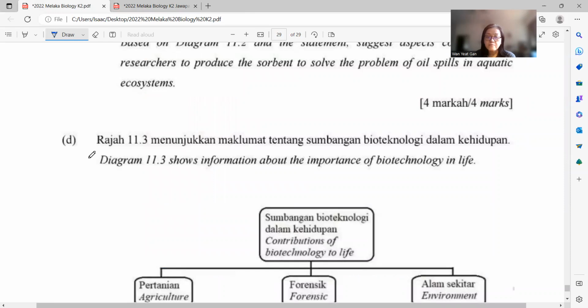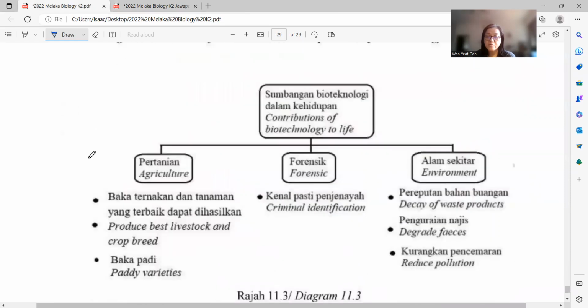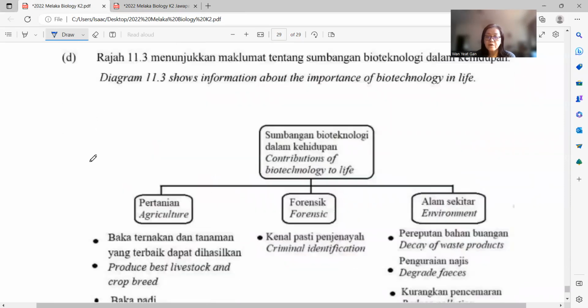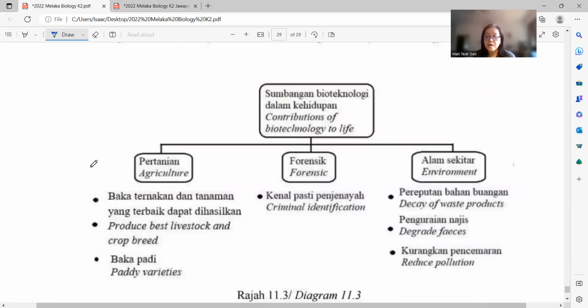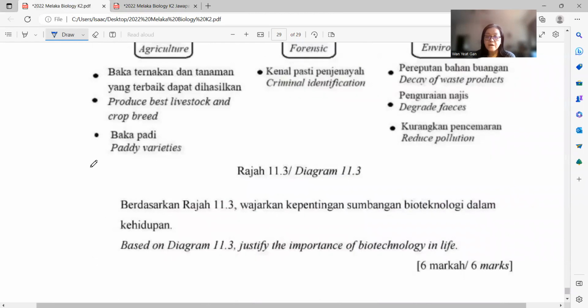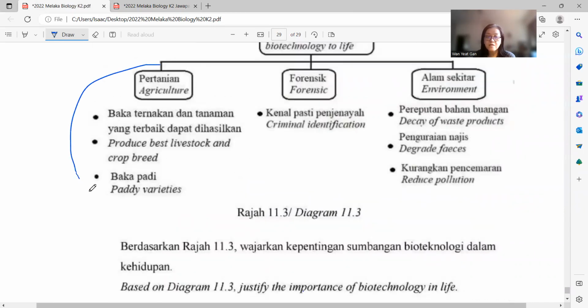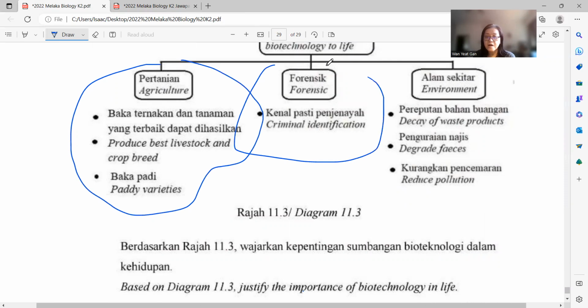Diagram 11.3 shows the information about the importance of biotechnology in life: in agriculture, forensic, and environment. Based on diagram 11.3, justify the importance of biotechnology in life. So in all these segments of biotechnology, justify why each of these is important in life.